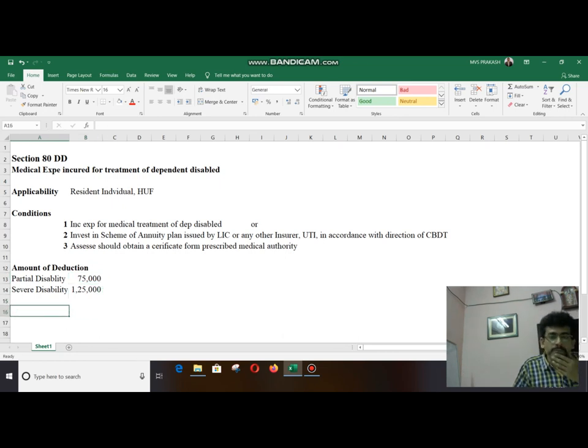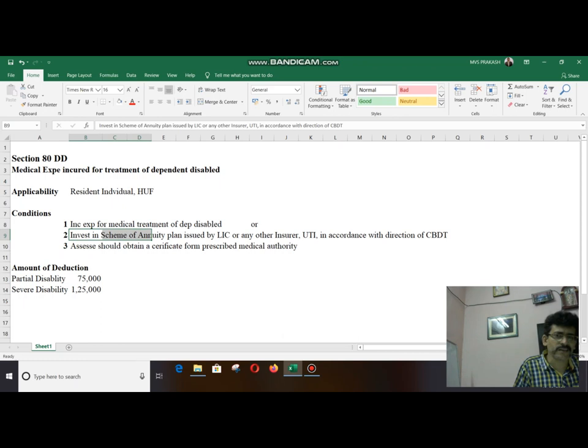And one more thing, there may be cases where the individual who has made the deposit in the annuity plan has expired before the dependent disabled. Then ultimately what will happen? The amount which was invested, the SSC is investing some money. The amount which is invested now will be received by whom?